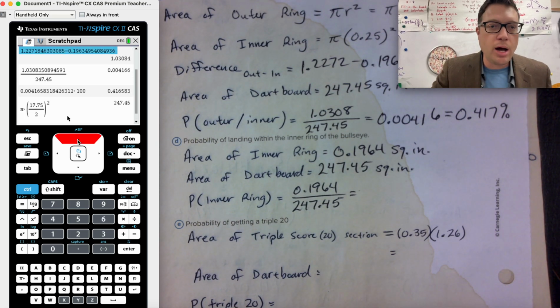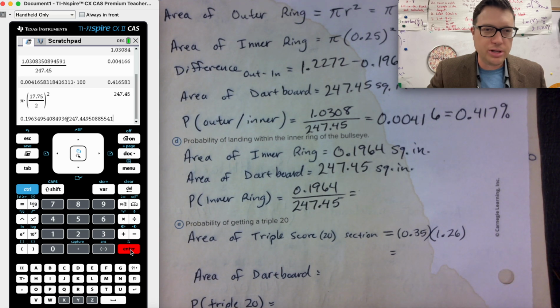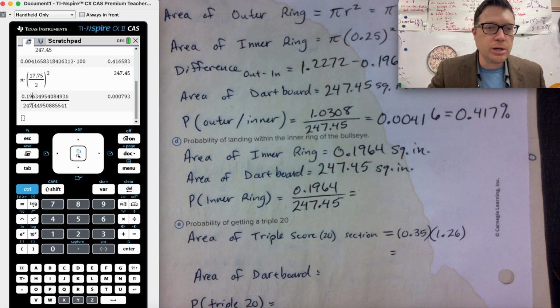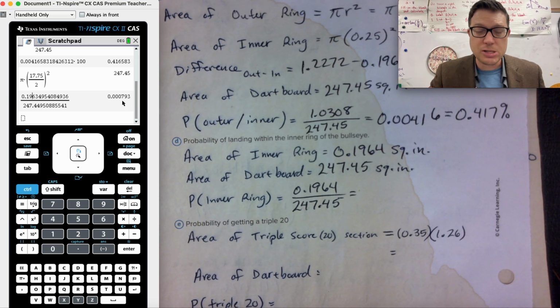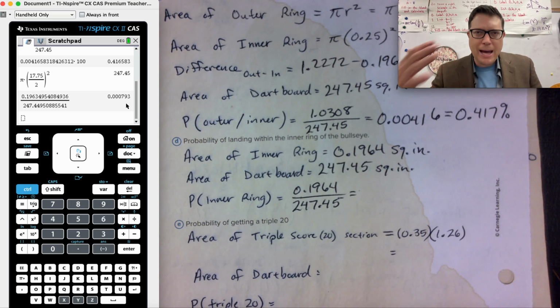I know somewhere up here is my 0.1964, and then somewhere up here is my area of the entire circle of the dartboard. And by just going up and enter, divide by, enter, it gives me the actual value with as many decimal places as I need, being very careful that I'm doing the right math and not rounding in the middle of the problem.